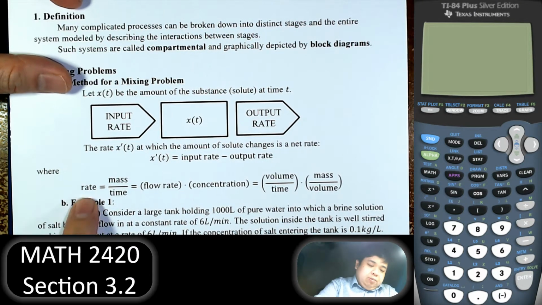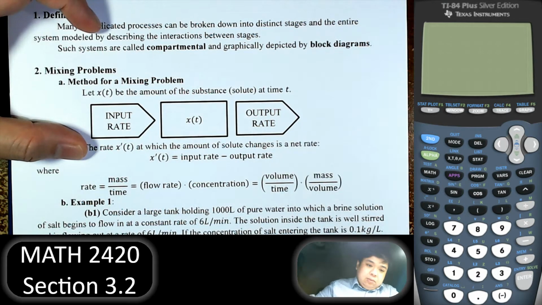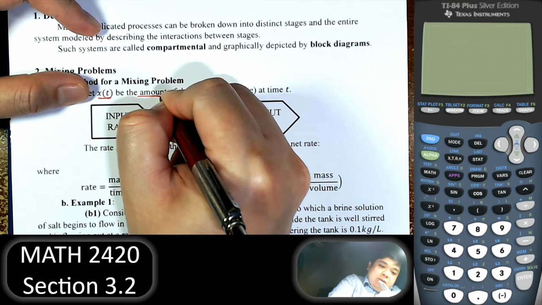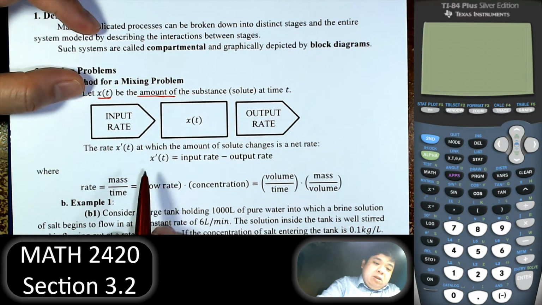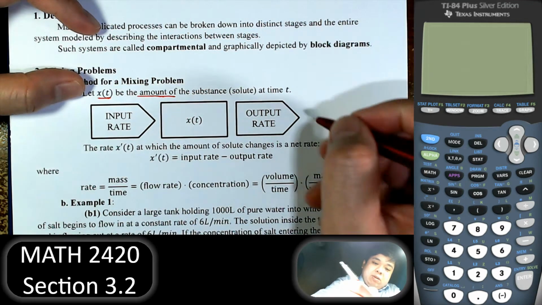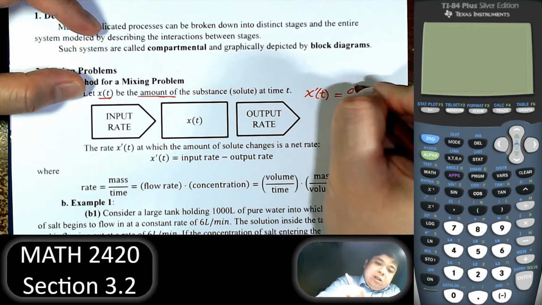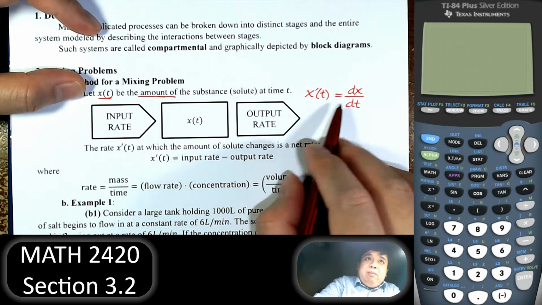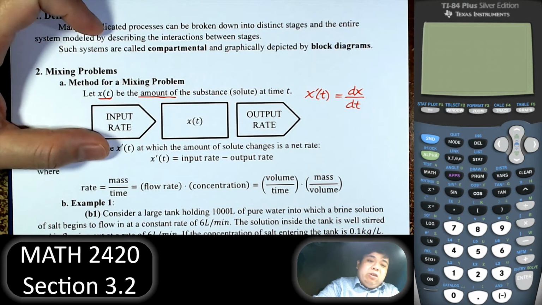In general, the rate is equal to mass over time. x of t is the amount of the substance, usually a mass, and the rate is the mass over time, because x prime of t is dx over dt. dx is the change in mass and dt the change in time, so that's why the rate is mass over time.